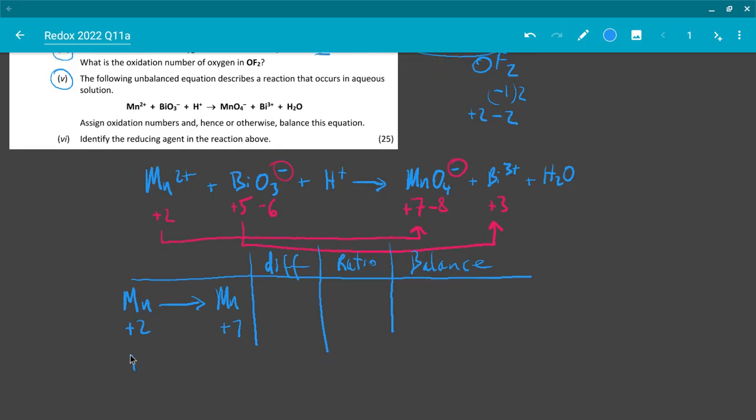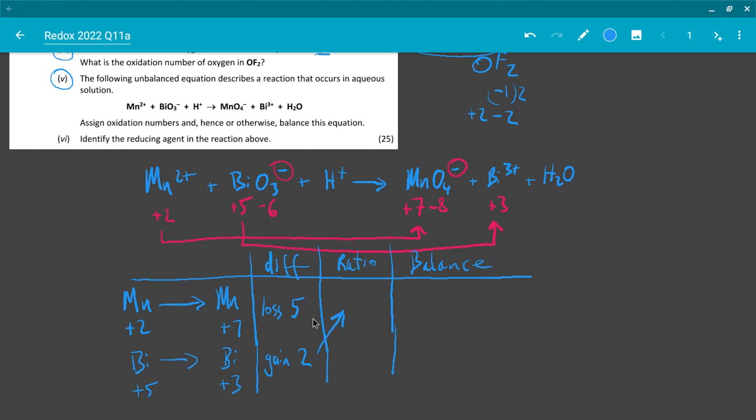We've got bismuth, and that's going from +5 to +3. So the difference here is 5, and it's getting more positive, so it's a loss of 5 electrons. And bismuth's oxidation number is decreasing, so it's gaining electrons. We've got a gain of 2 electrons.